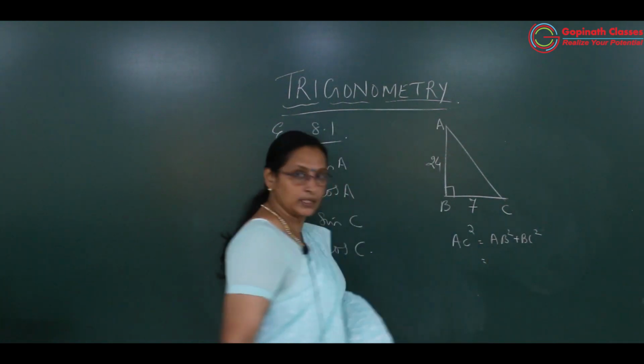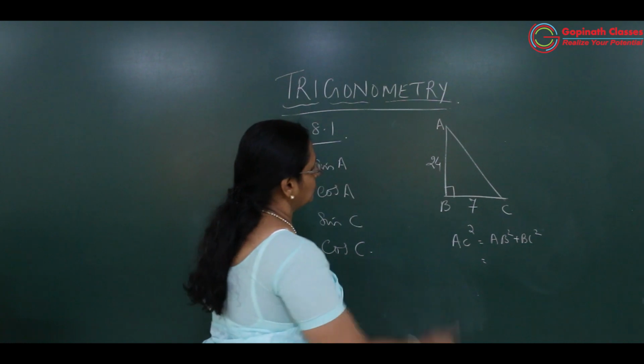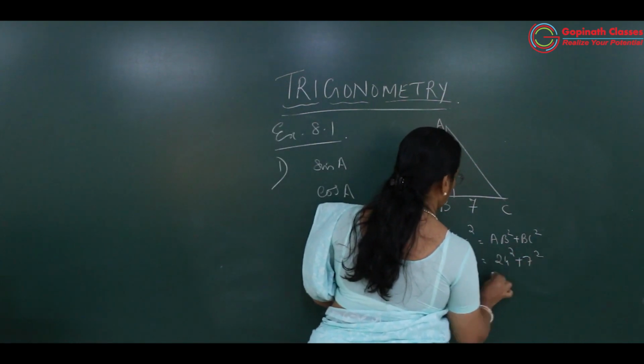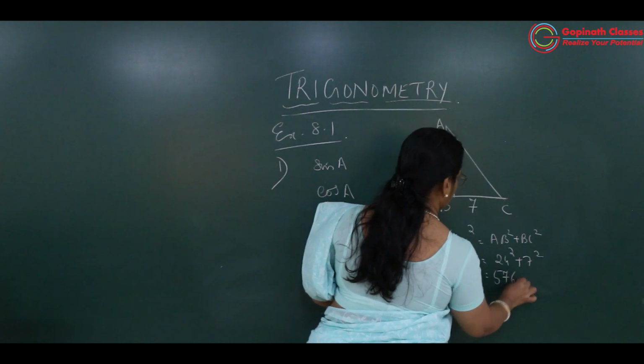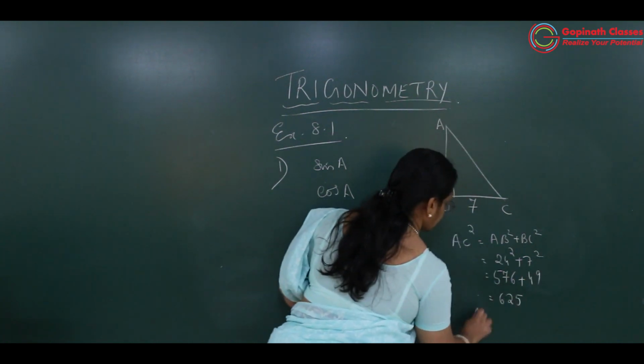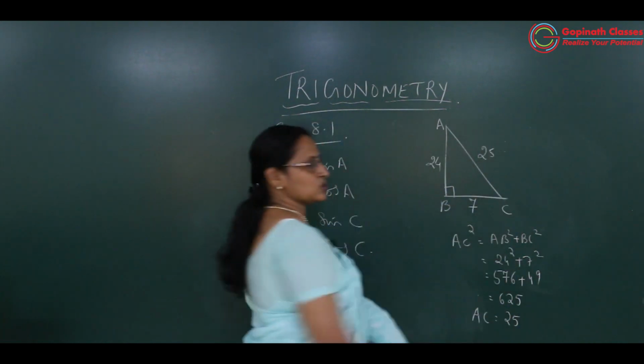So I don't need to explain this. You have done it since 2-3 years. So AB square comes 24 square, 7 square, 24 square is 576 plus 49. It's nothing but 625. Thus AC you are getting 25. So your hypotenuse is 25.